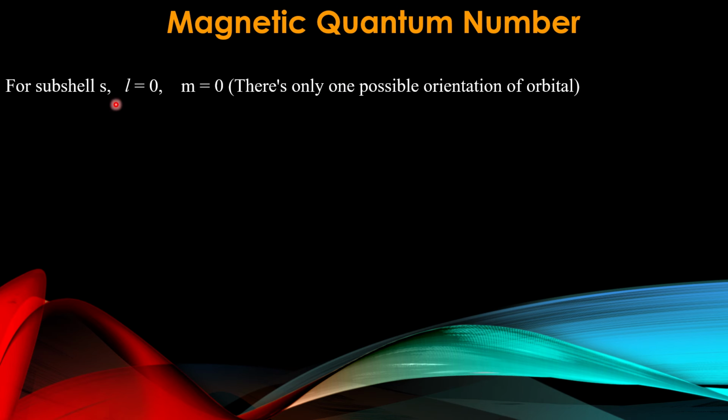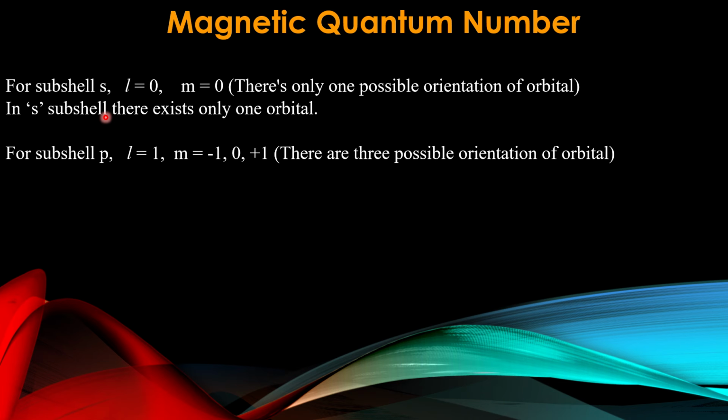In S subshell, there is only one orientation because M has only one value. And so, in the S subshell, there exists only one orbital. In every S subshell, 1s, 2s, 3s, 4s, 5s, there exists only one orbital.